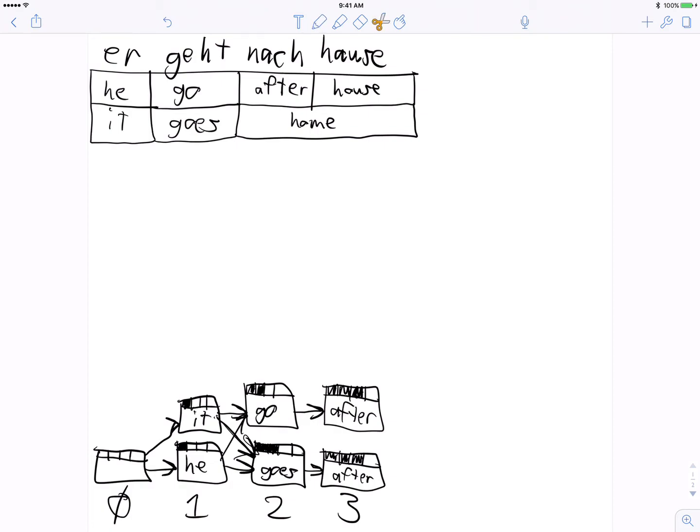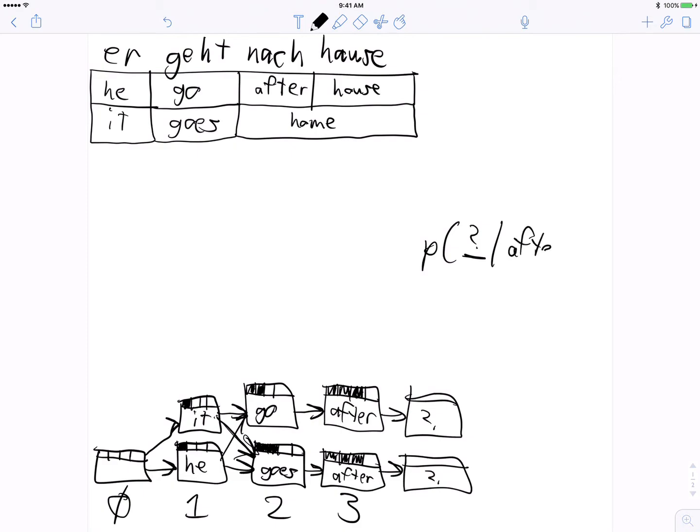Now, we notice here that when we extend either of these, the language model history at this point is after. Probability of something, which I'm just leaving as a question mark here, given after.